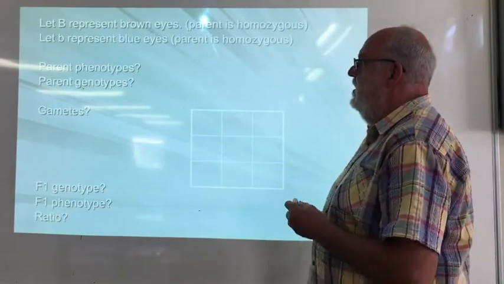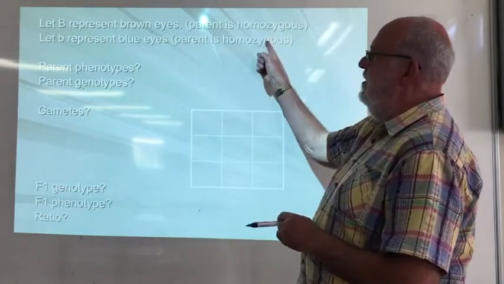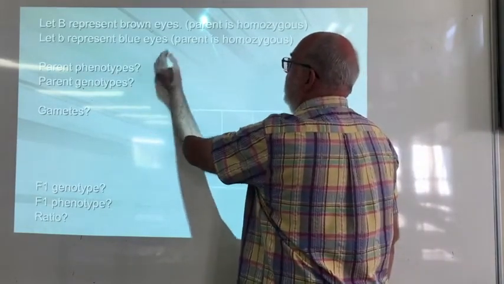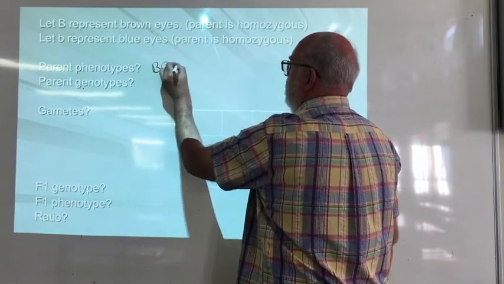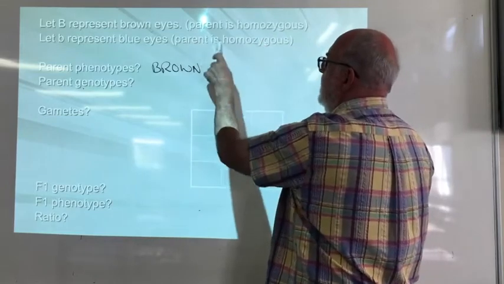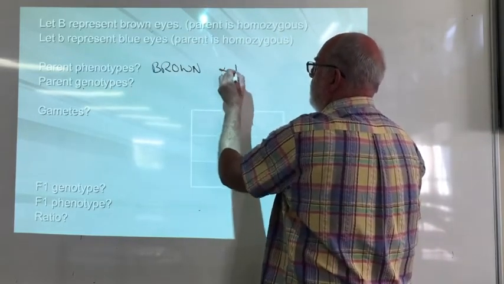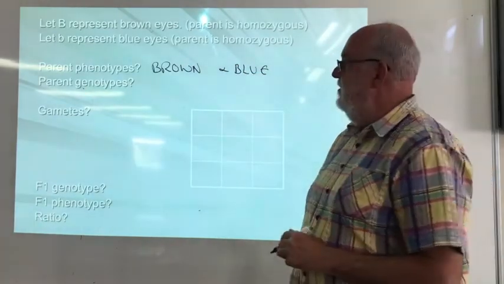So, the parent phenotypes, we're talking about homozygous parents here. This one is going to be brown, and this parent is also going to be homozygous, but it's blue instead. So those are the phenotypes of the parents in this cross.